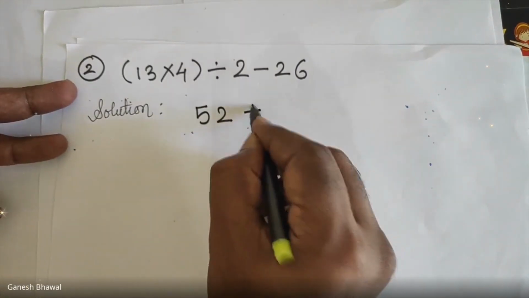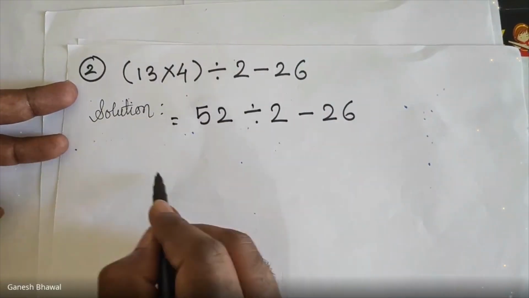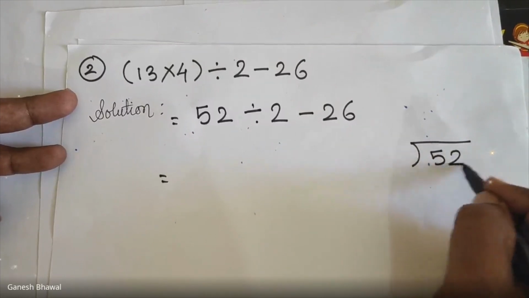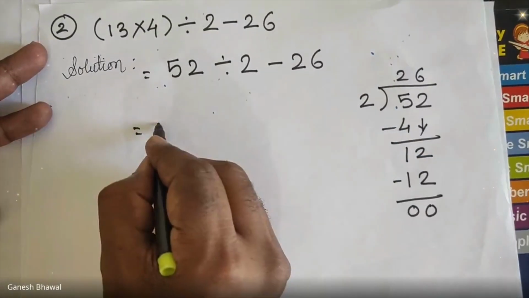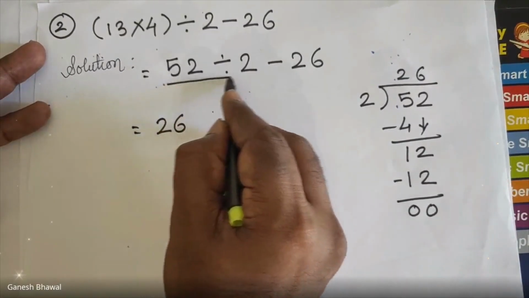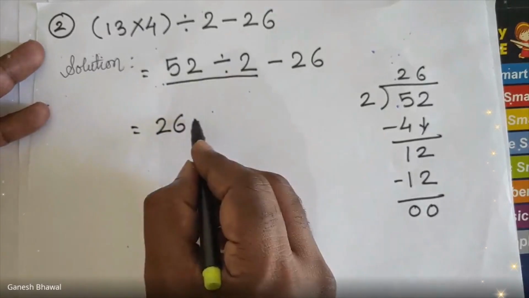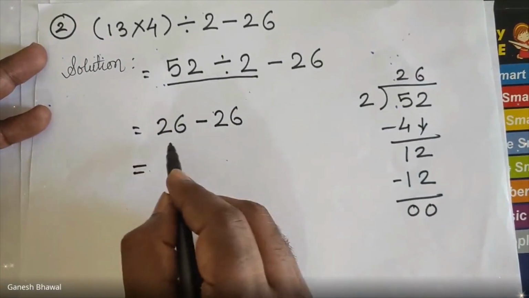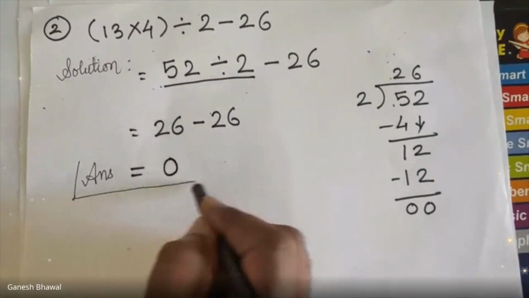Now the division sign, write down 2, then minus 26, put an equal sign here. We have to divide this 52 by 2. The quotient is 26, so 26 is the answer of this operation. Minus sign as it is, and then 26 as it is. 26 minus 26 is 0.